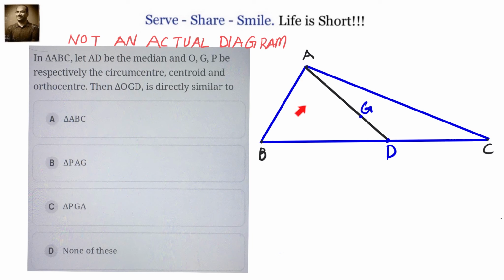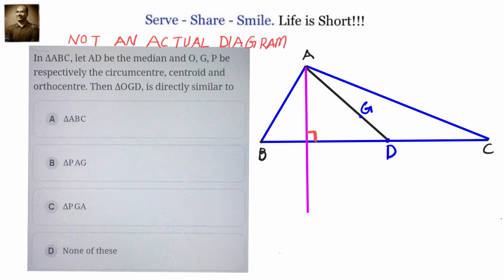So let me just go ahead and draw that altitude from A. And when it is altitude, we know that obviously that line is perpendicular to BC. So this is altitude. Now we have drawn one altitude.